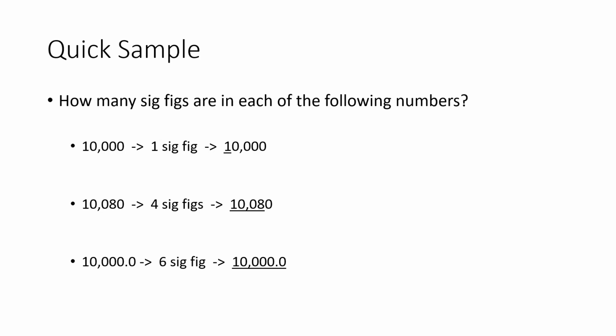So in this particular number, everything is left of the decimal point. We're only given the one non-zero number and a bunch of zeros, so only that one is significant here.